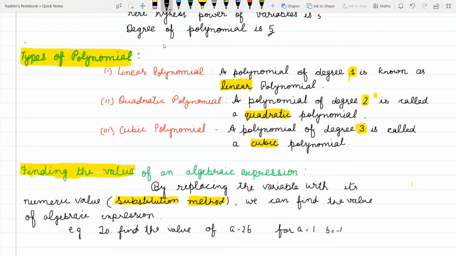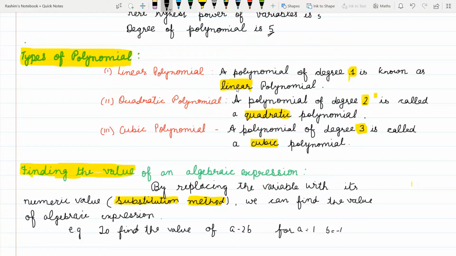Now next is types of polynomial. First is the linear polynomial. When do we have a linear polynomial? A polynomial with degree 1 is known as a linear polynomial. Second is the quadratic polynomial. A polynomial of degree 2 is called quadratic. Now I hope you understand what degree is, the highest power.